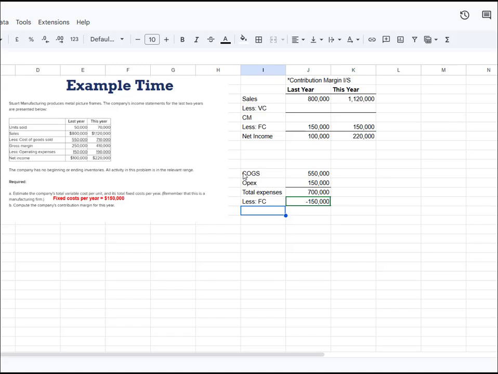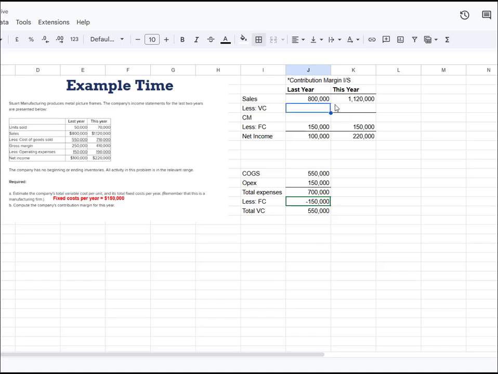And so then I know that my total variable costs are going to be the difference between total expenses and fixed costs. $550,000. Awesome.